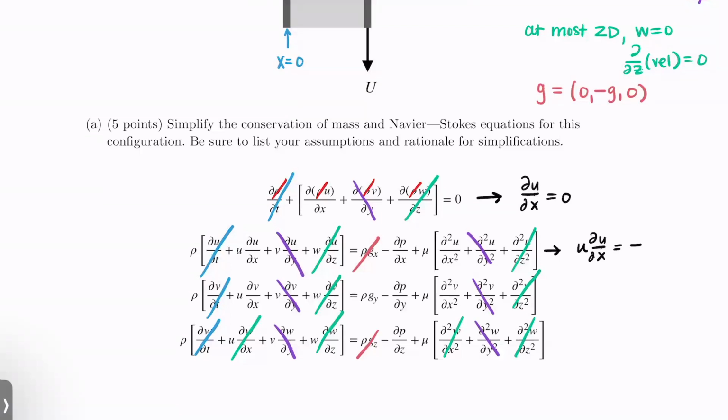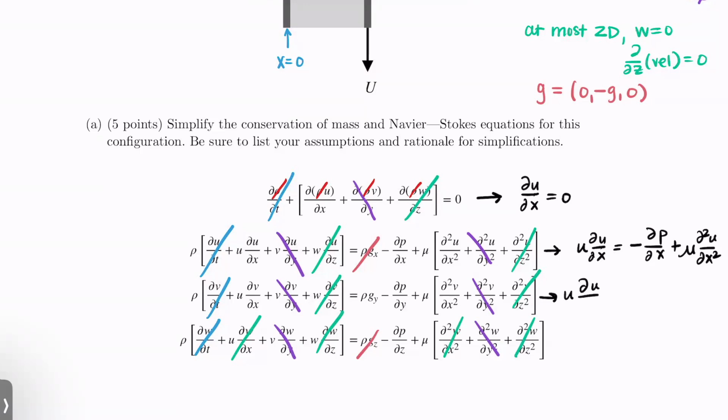So this is equal to minus partial p partial x plus mu second derivative of u with respect to x. Our y equation is similar.